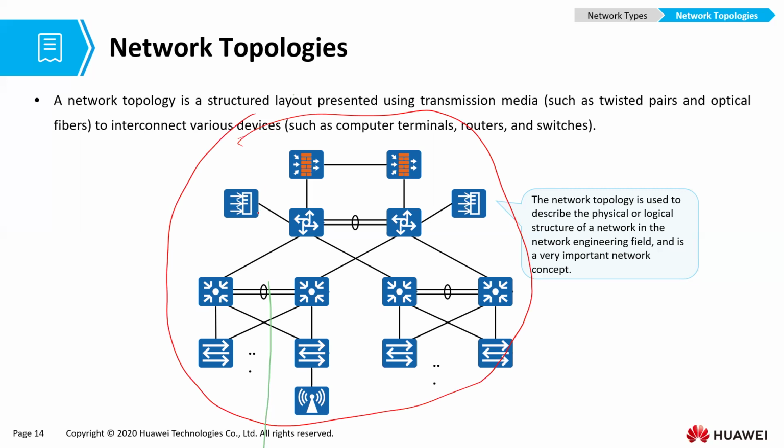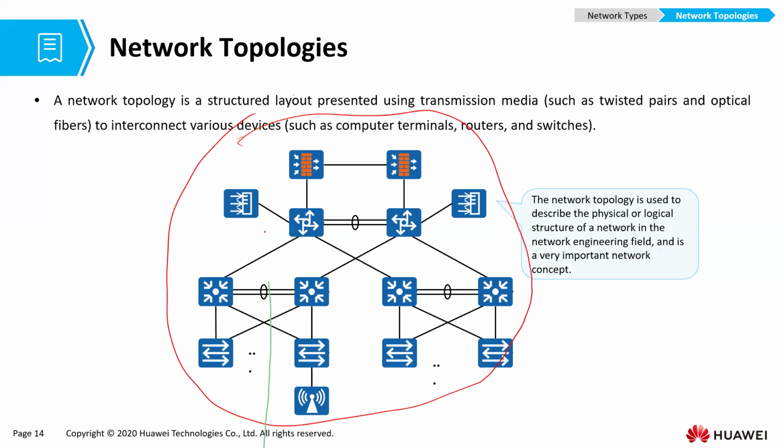It is a physical representation of how your network is laid out. That's a topology. So the physical topology will probably show you where each device will be located and which device it is connected to. That's a physical topology. Then the logical topology shows us the logical connections between those devices.